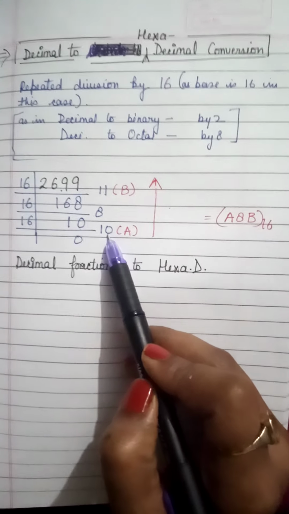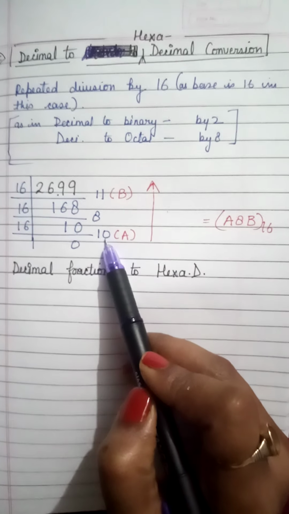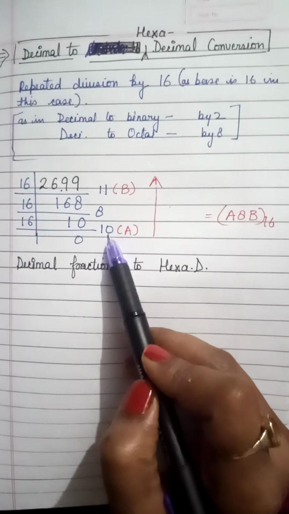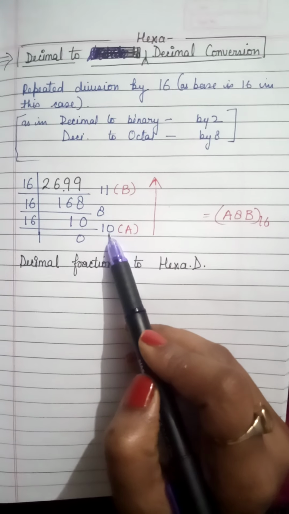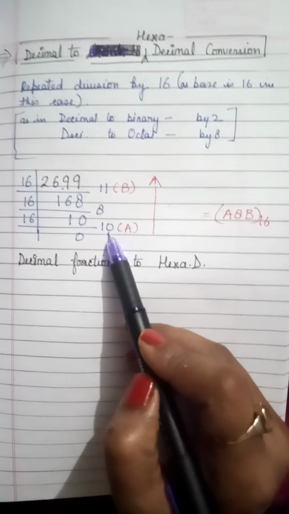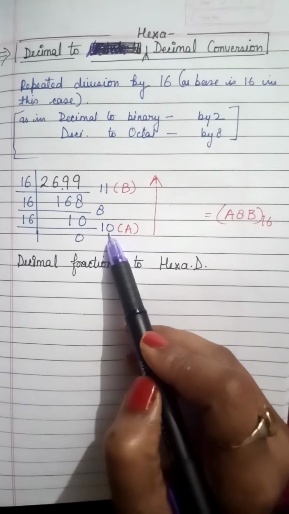Now you know very well that in the hexadecimal number system, there are the numbers from 0 to 15. Total 16 numbers are there from 0 to 15. And from 10 onwards, for 10, 11, 12 we use alphabets.